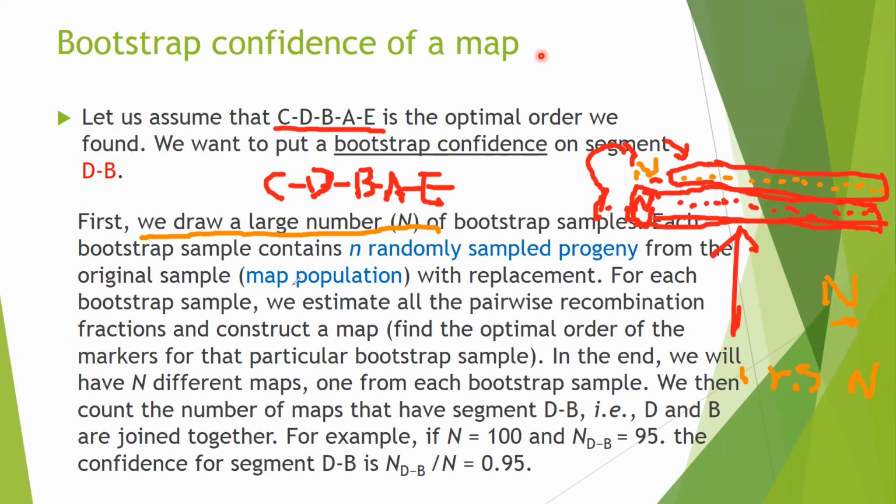So maybe you got a different map like this. Could be, right? But it doesn't matter, because this is a resample. Let's say this is resample 1. Once you got this one, you just do the same thing. Got a resample 2, and this one can give you maybe another order.